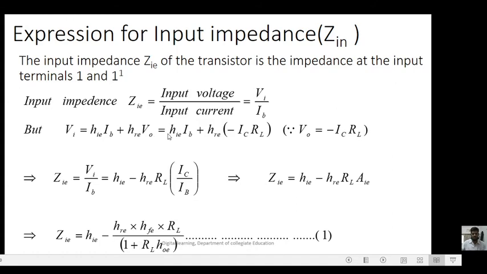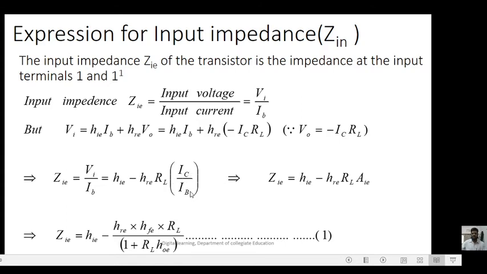That is equal to HIE IB plus HRE into minus IC RL, because V0 is equal to minus IC RL. So ZIE equals VI by IB, which equals HIE minus HRE RL into IC divided by IB.